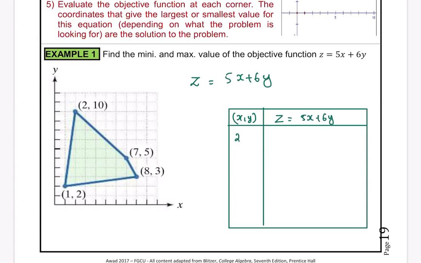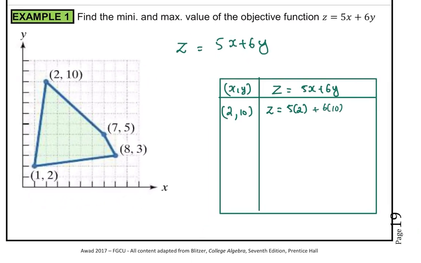If I plug in 2 comma 10, you see that z is going to be 5 times 2 plus 6 times 10, which would be 10 plus 60, which is 70.